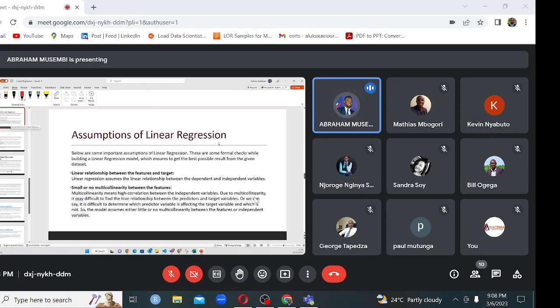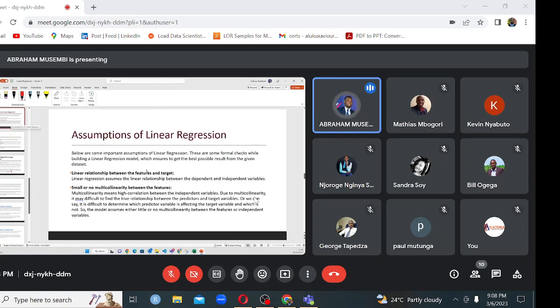Okay, let's go now to assumptions of linear regression. We have very important assumptions to take into consideration when you are dealing with linear regression. The first assumption, in fact, I've been stating almost on a daily basis: there must be a linear relationship between your features and target variable.